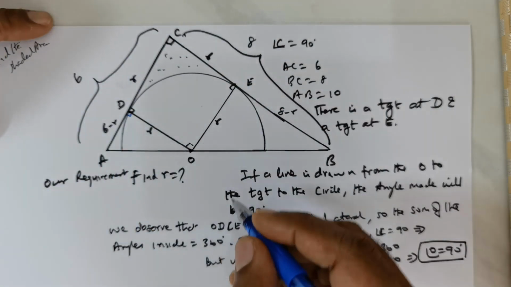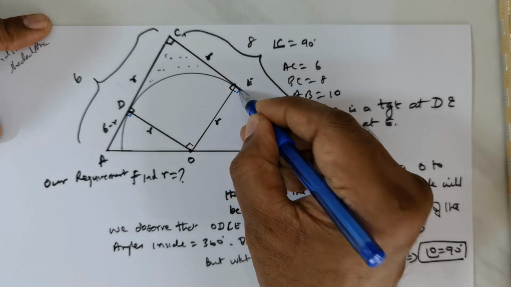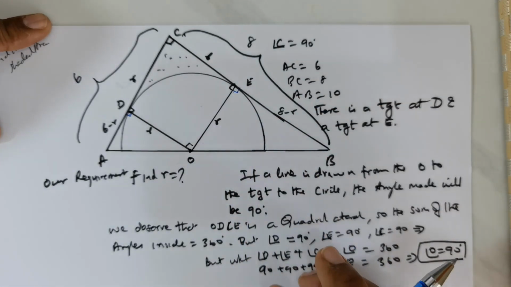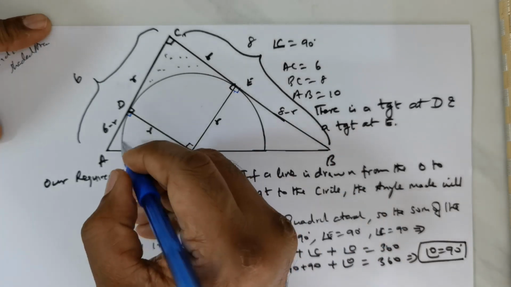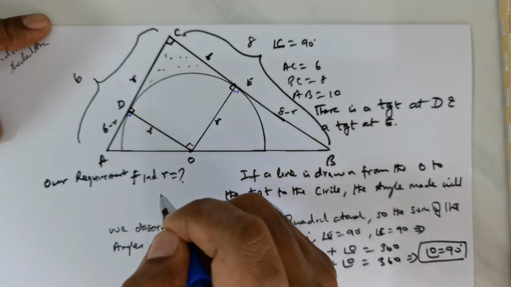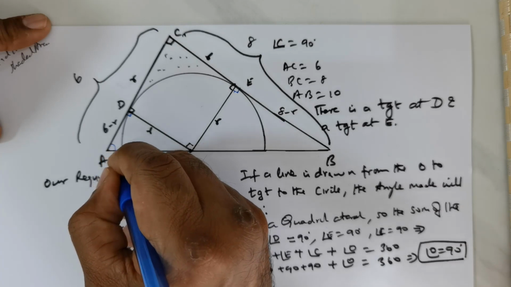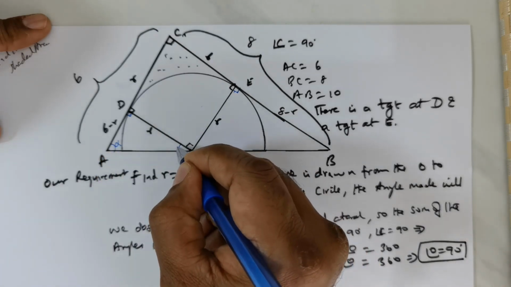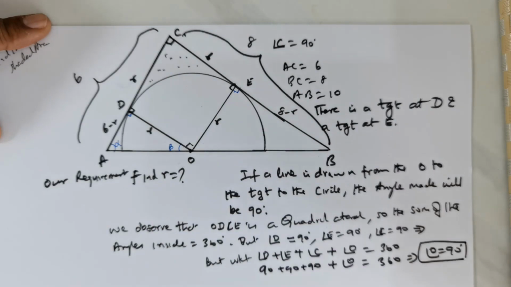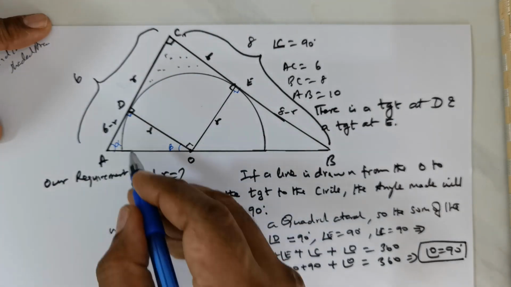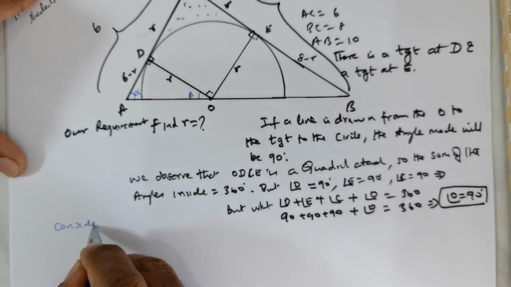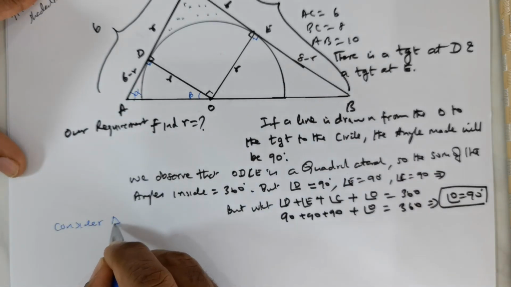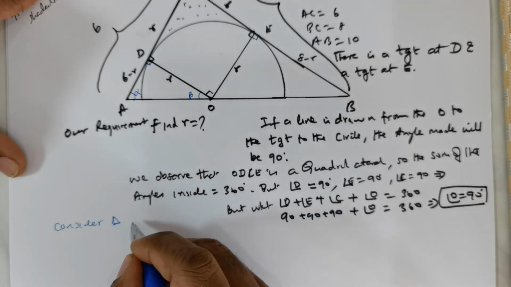So if this is 90, this is going to be 90. Now what I wish to show here is, if I were to take this to be some alpha and this to be some beta, then consider triangle ADO, it's a right triangle.